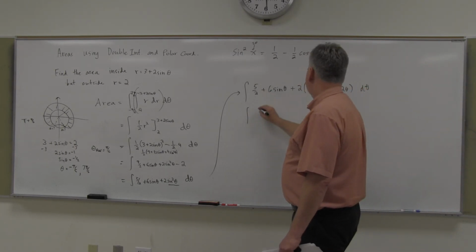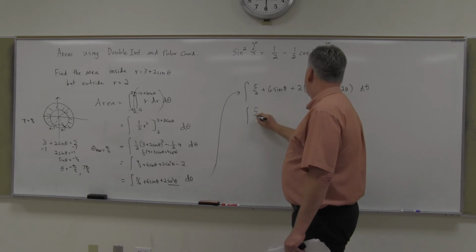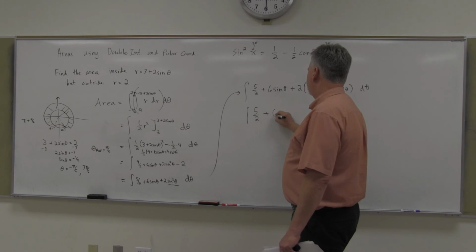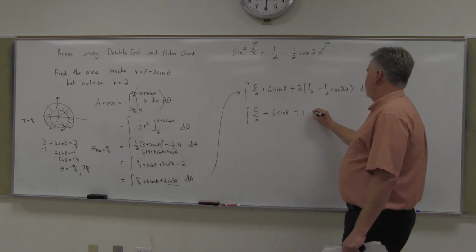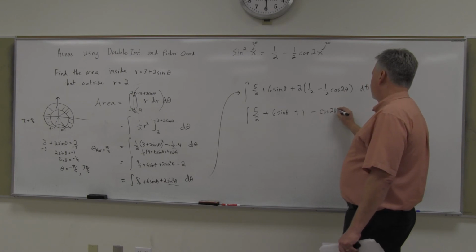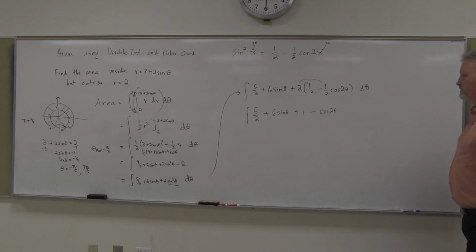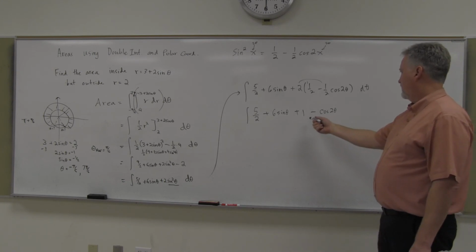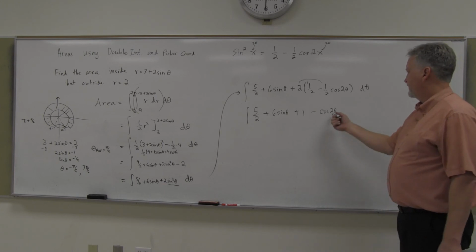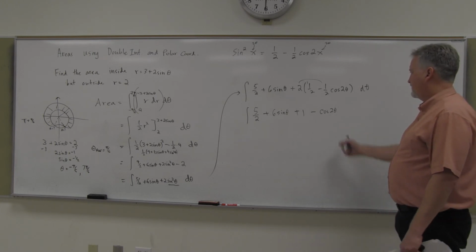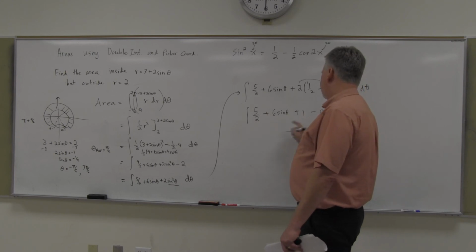So that'll give us 5/2 plus 6 sine theta plus 1 minus cosine 2 theta. Good thing is that cancels those halves out, if you will. So we should combine that. The only thing here, to do this one, let's see, that would be 7/2.